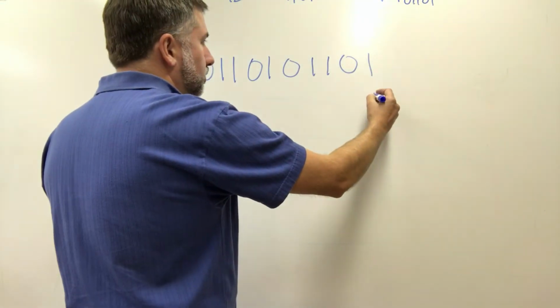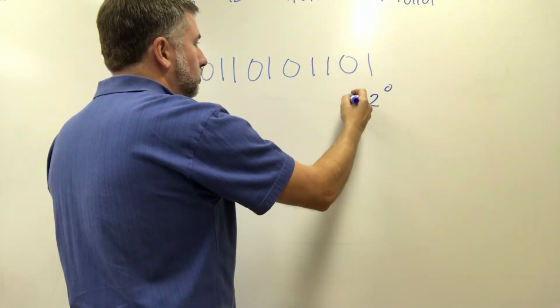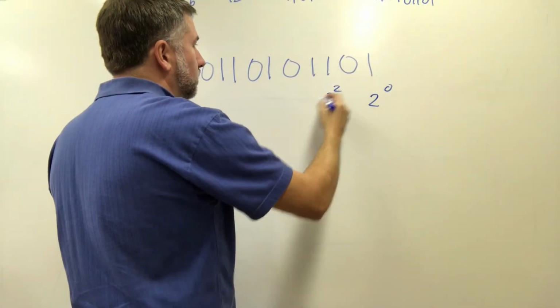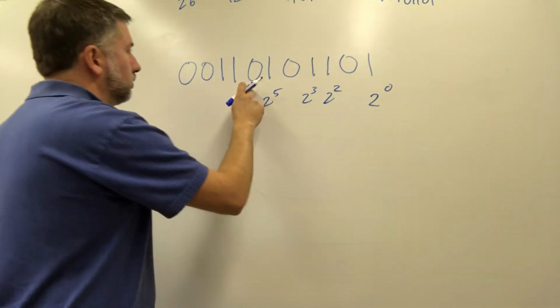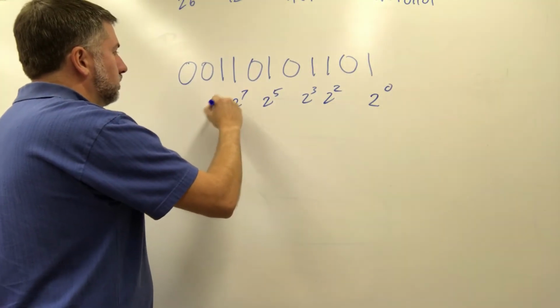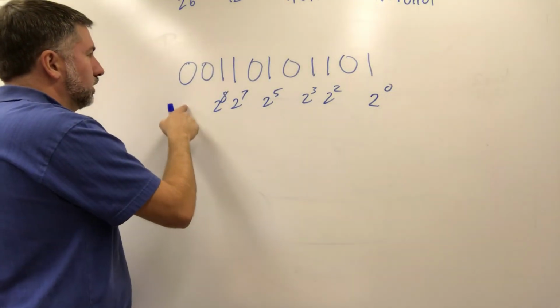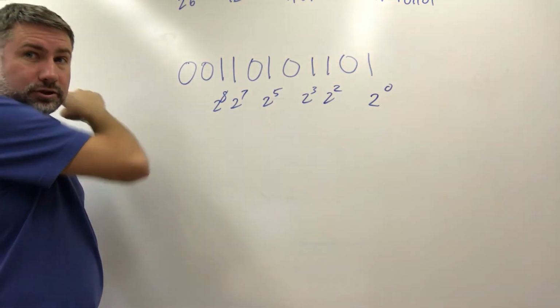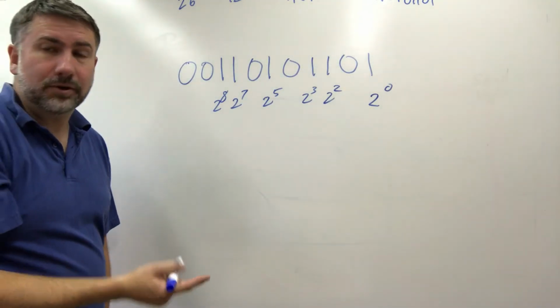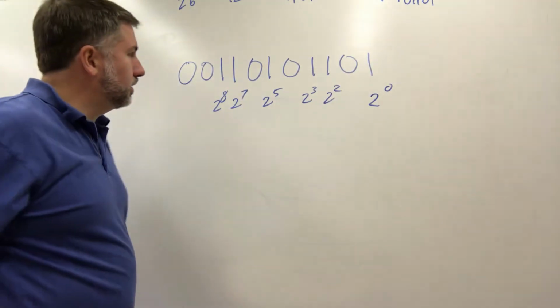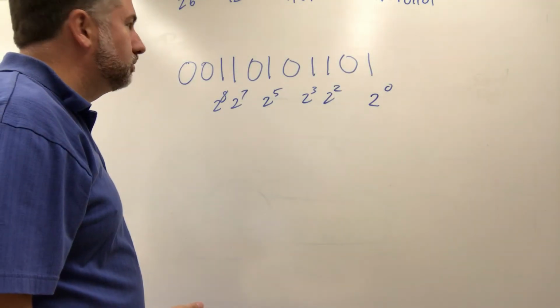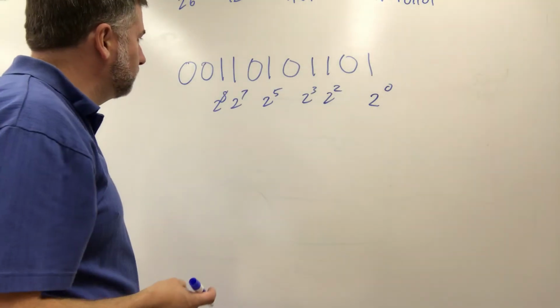So this is 2 to the 0, 2 to the 1, but there isn't any, 2 to the 2, 2 to the 3, there's no 2 to the 4, 2 to the 5, no 2 to the 6, 2 to the 7, 2 to the 8, no 2 to the 9, no 2 to the 10. And in fact, you could have zeros forever. Just like in a regular base 10 number, you can add zeros to the front of it without changing its value.